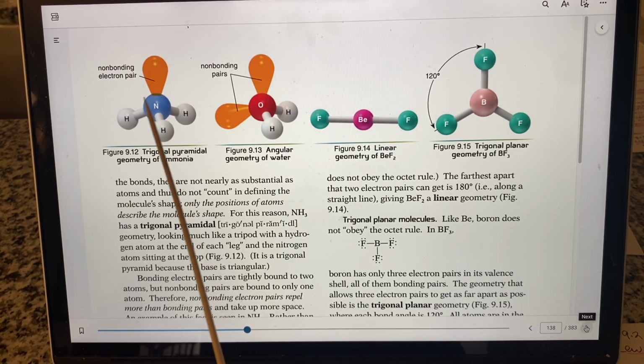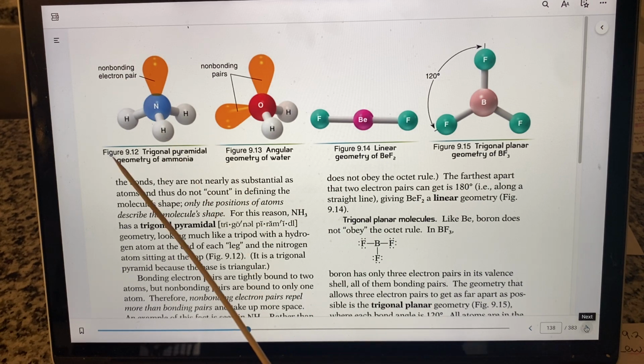So we have a nitrogen that has 3 bonded atoms, and the nitrogen will have a non-bonding pair that hasn't combined, which pushes the others down at the bottom so it looks like a tripod. That shape is called trigonal pyramidal. It's basically a tripod shape.